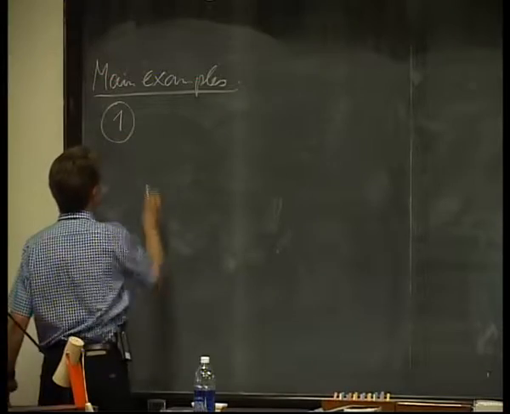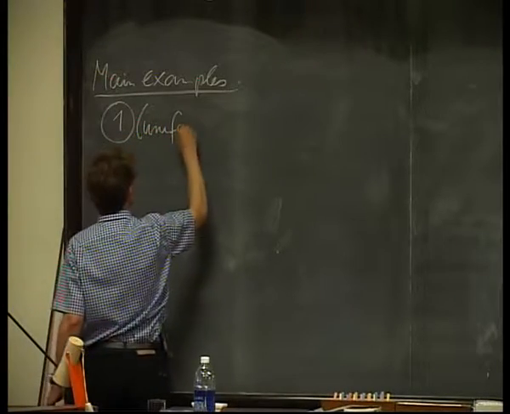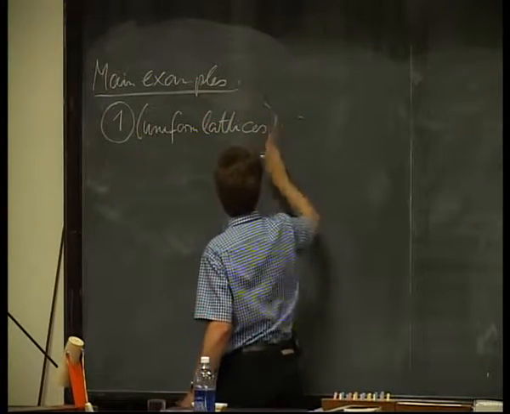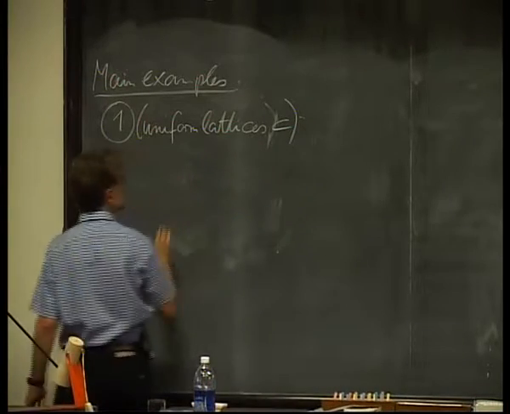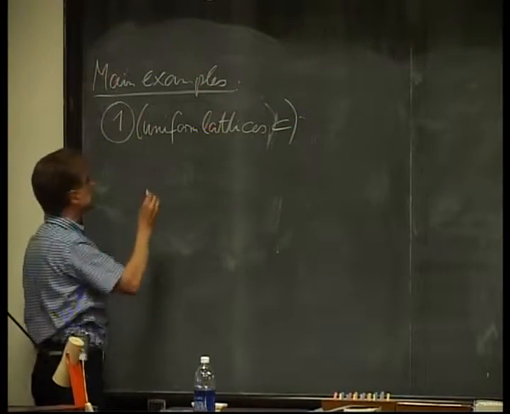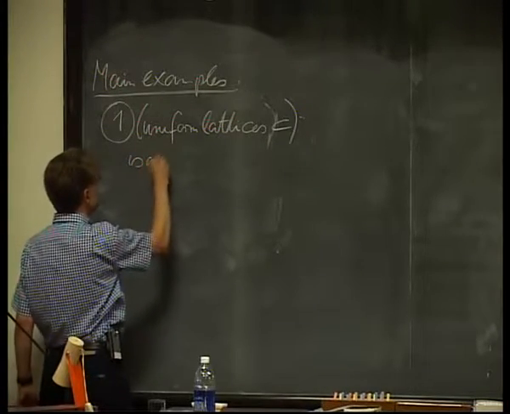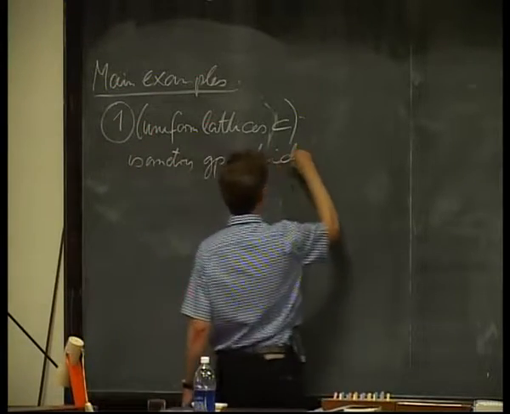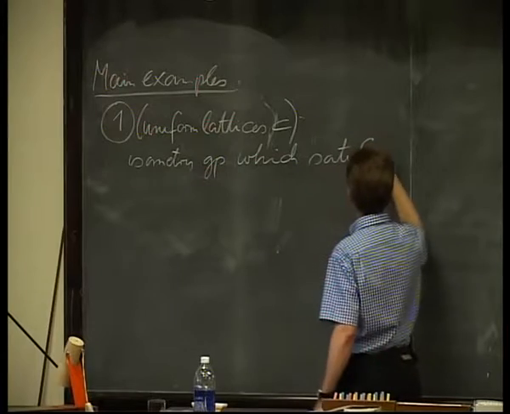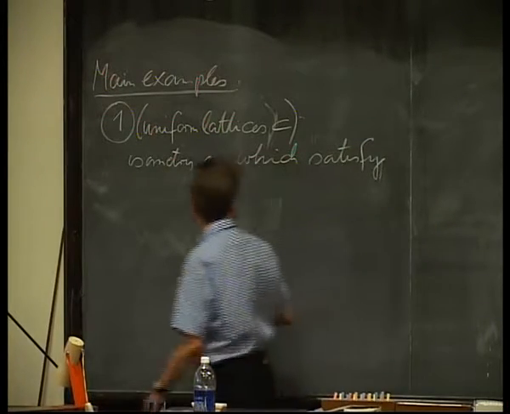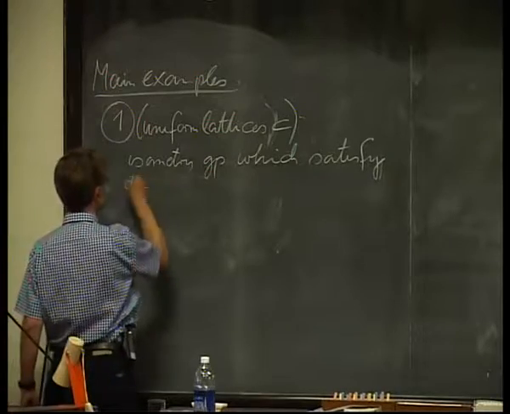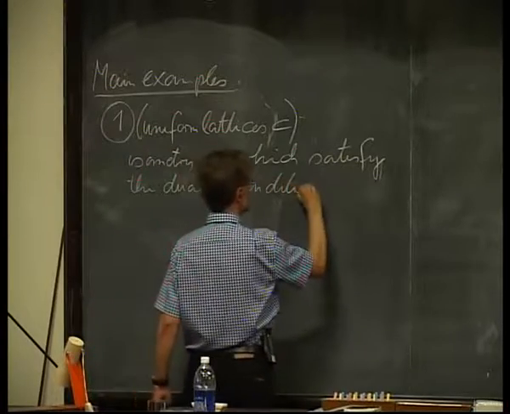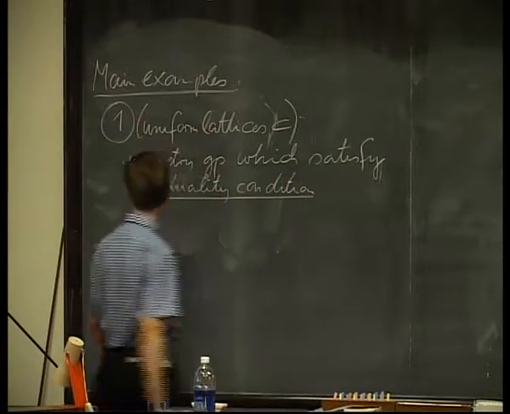firstly a class which contains the class of uniform lattices. It's contained in the class of isometry groups which satisfy the duality condition. That's an essentially dynamical condition I'll explain in a second. This condition has been dealt with a lot.